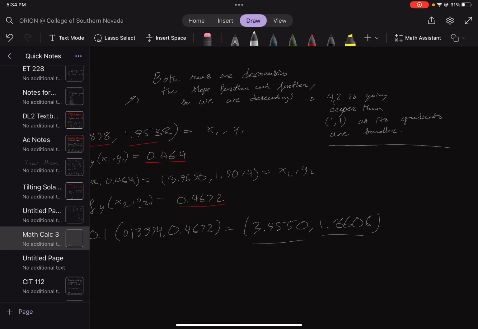I'm trying to make sure that I'm looking at the graph correctly to say this is right. I can't pull the graph up here because my thing is not working.